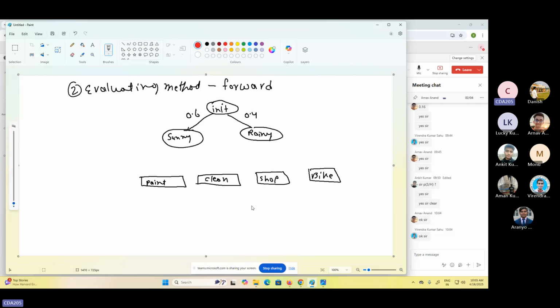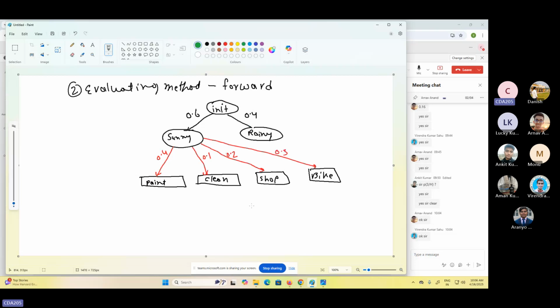So we will see what is the probability when it will be sunny. He is going to paint, that is 0.4. Cleaning, the probability is 0.1. Shopping, the probability is 0.2. And what is the probability for biking? That is 0.3.